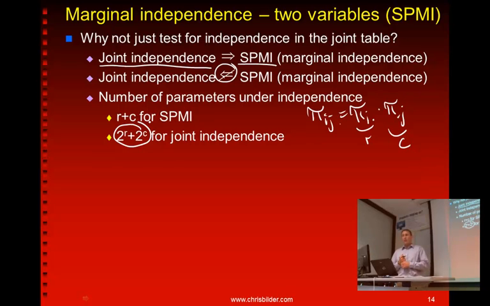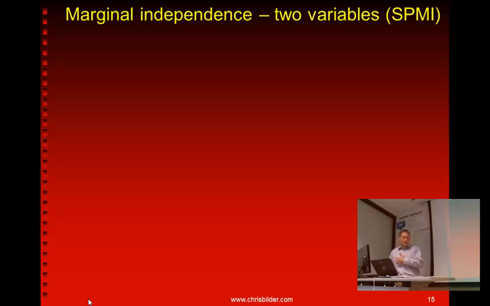You have a lot more parameters to deal with. The more parameters, the more difficult the problem can be. And indeed, that's what ends up happening. So sparse joint tables are the norm in these kinds of settings. So that's why, again, more reason why we don't want to do that.